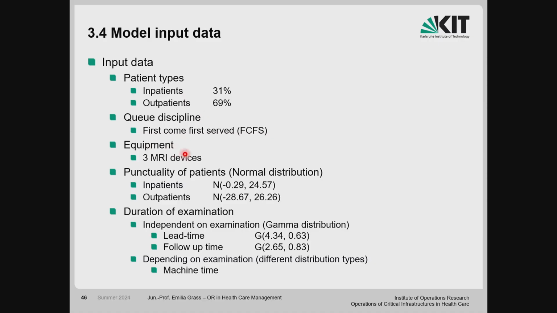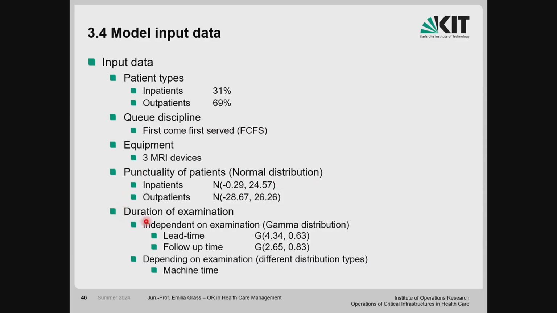We have 3 MRI devices, and the punctuality of patients, we assume that is normally distributed, so often they are coming earlier, and we assume that inpatients, due to the transportation, are not as early as outpatients. Outpatients are often coming earlier than the appointment is, with some kind of variance.